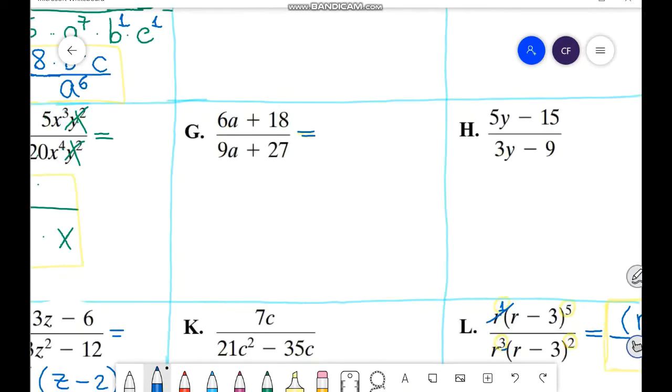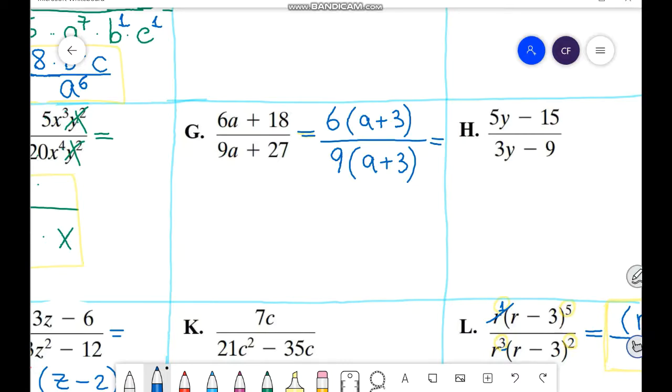We might be able to factor out 6 on the numerator, so 6 times a plus 3. And on the denominator, we probably can factor out 9. I think 9. Check this. 9 times a plus 3. Cool.